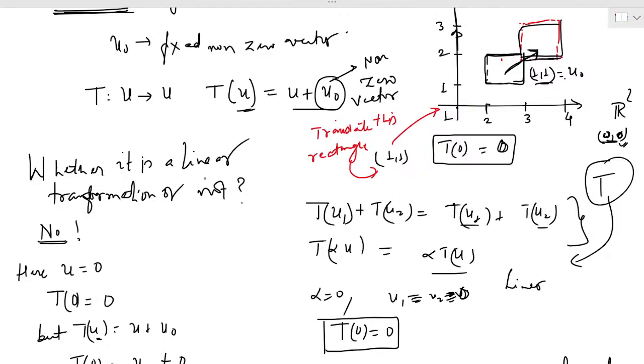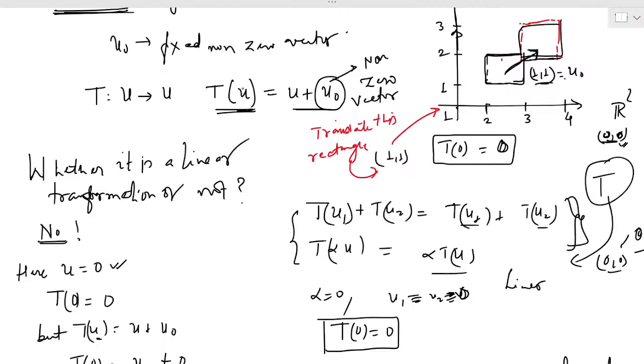But what is happening here? If I take u equal to 0, on the left hand side I will have 0, since if I am claiming that it is a linear transformation, then T of 0 should be equal to 0. This is from the definition of the linear transformation itself. For R square, you know that the additive identity would be (0, 0), the origin.